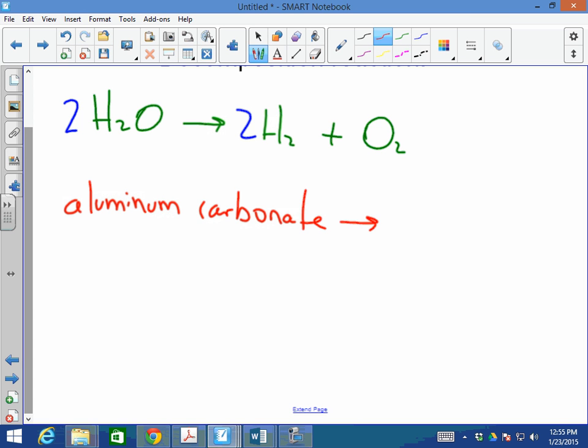Okay, the rule is that when a metal carbonate decomposes, I will always end up with the same type of result. Not the same result, but the same type of result. Aluminum, Al, carbonate, CO3, exchange those charges.